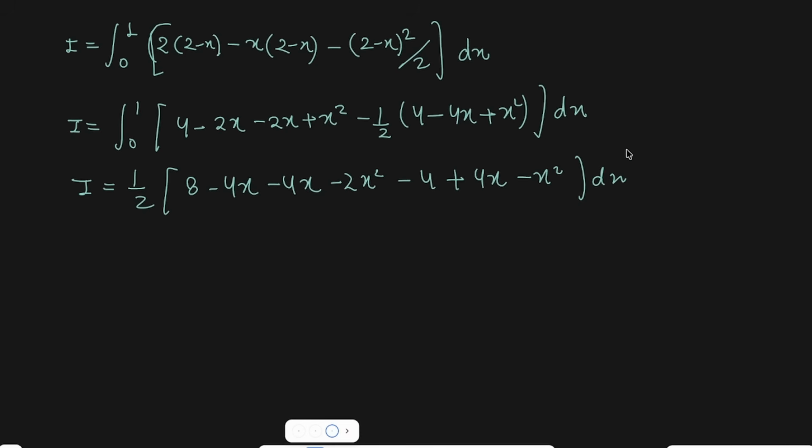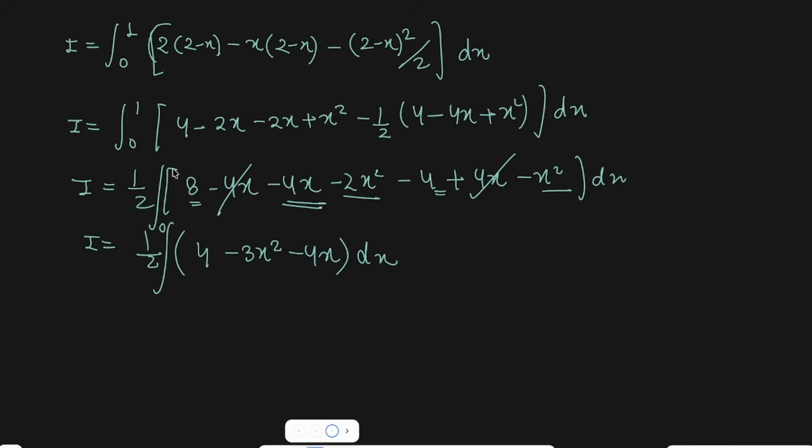Okay, I think there is no calculation mistake, but if a calculation mistake is there, you please take care of that. Now see, this is 4x and 4x will get cancelled. This is 8 minus 4, it will be 4, and it is your 2 minus x square, this will be minus 3x square, this is your minus of 4x, and now it is dx.